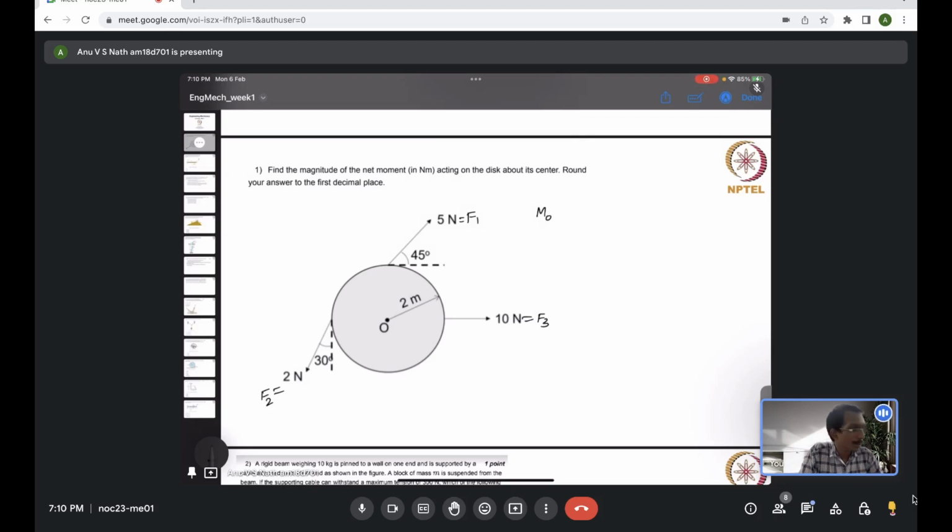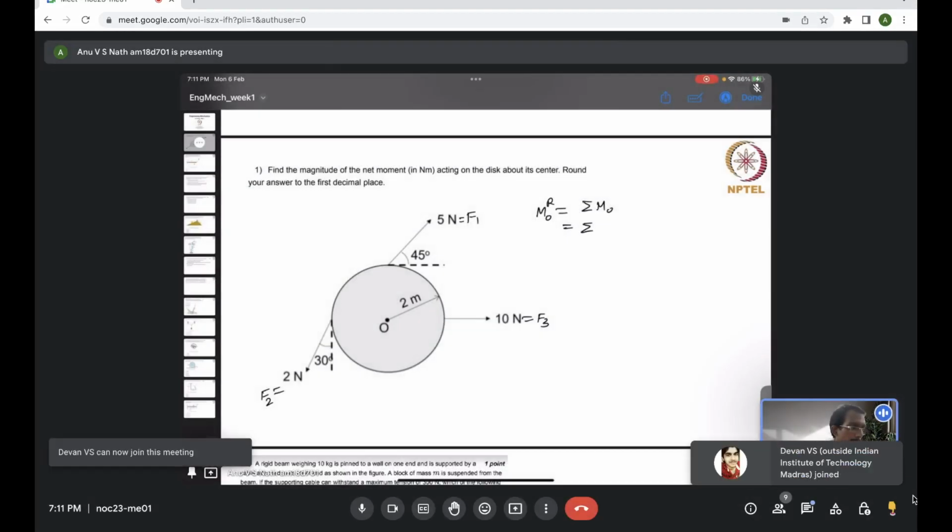I think all of you know that if you have a lot of forces acting on a system, we just take the sum of all the moments about the same point. This is the resultant moment, which is the individual moments about the same point caused by the individual forces.